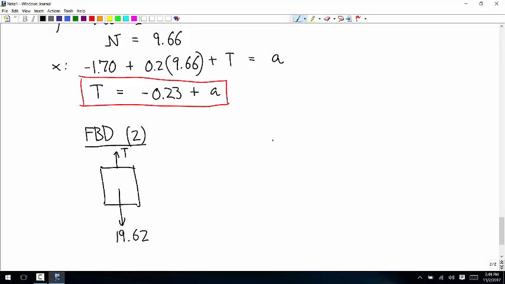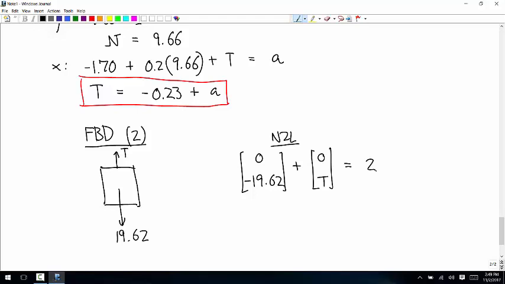And then put that in Newton's second law. You get 0, negative 19.62 plus 0, positive T is equal to the mass times the acceleration.